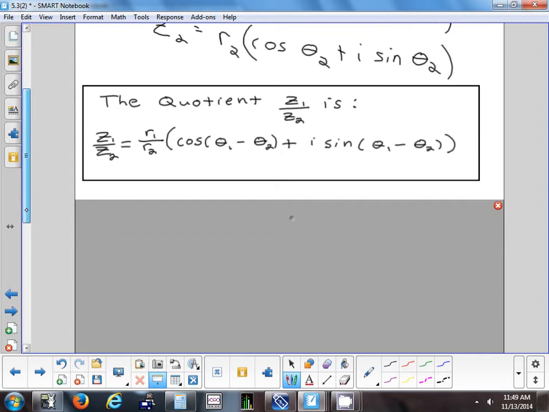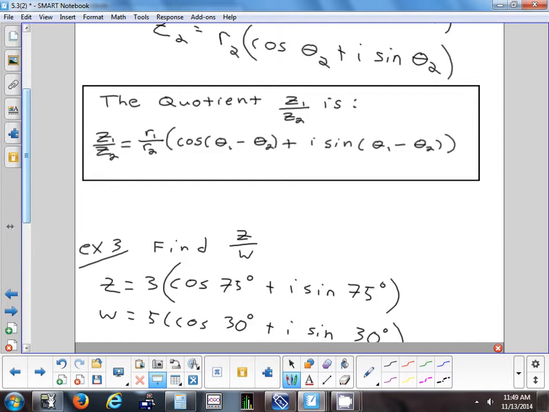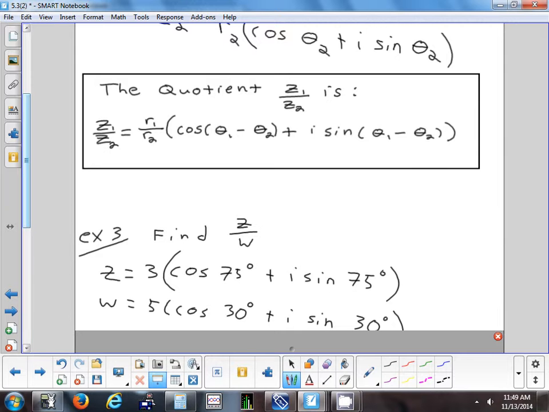Let's just do one of these. So we have 3 cosine 75 plus i sine 75, and we're going to divide that by 5 cosine 30 plus i sine 30. Whether you call your two complex numbers z and w or a and b, or z1 and z2, you can call them anything you want.